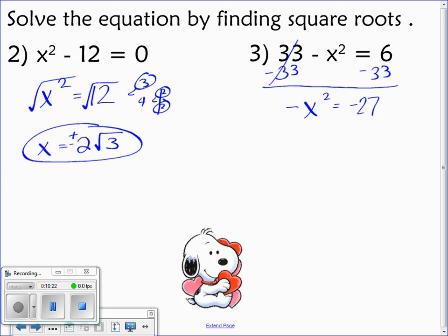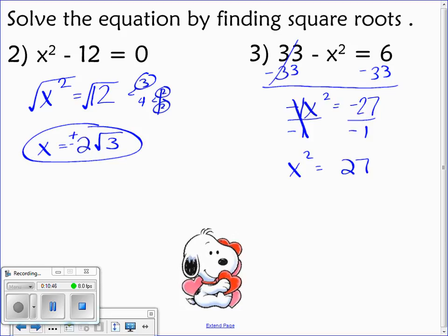Is x squared by itself? No. There's a negative with it, so you're going to have to divide by -1, because this is like a -1 sitting there. So that will cancel. We get x squared equals positive 27. Now is your x squared by itself?